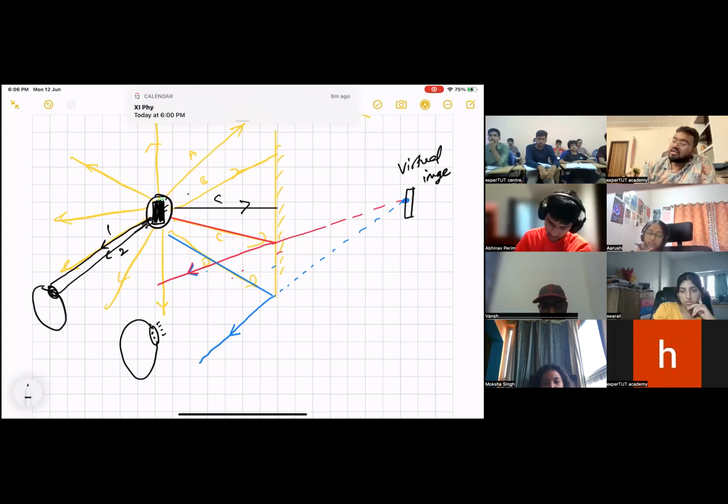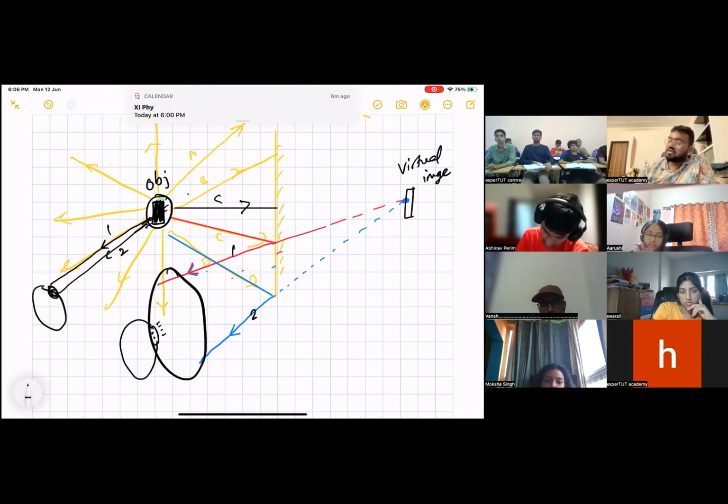You are seeing the object directly, understood? Same when these two rays, if this was your eyeball, 1 and 2 were coming, you will see the object here, right?